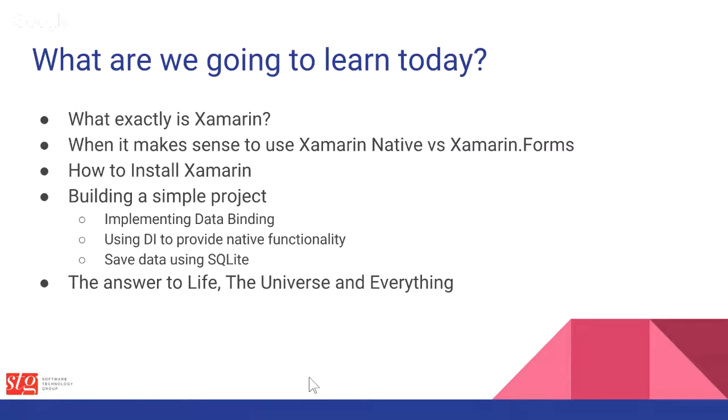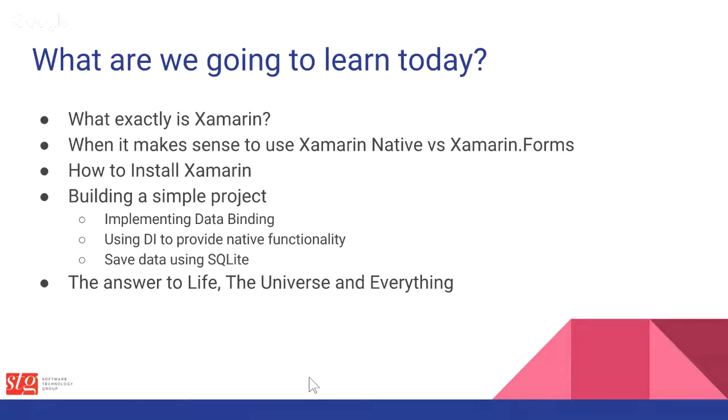We're going to build a simple project. And the simplest project that I can think of is a to-do list. So we're going to build a little to-do list that is super simple and really ugly, but it'll kind of show you some of the things that we're going to talk about. We're going to do data binding, DI to provide native functionality. So Xamarin really is a cross-platform development environment, right?